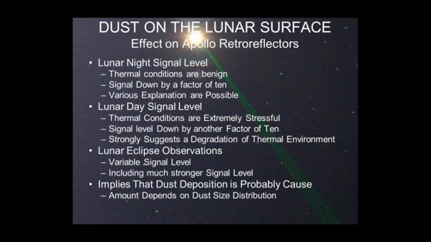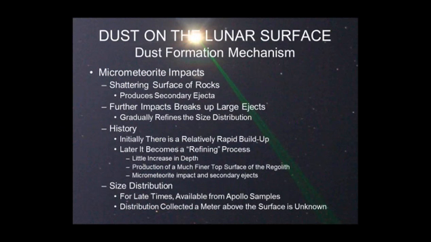And what this is implying is that there appears to be dust on the front face of the cube corner reflector, and that the other effects are probably due to the dust on the package itself. And this is a current level of further analysis. What is the lunar dust formation mechanism?